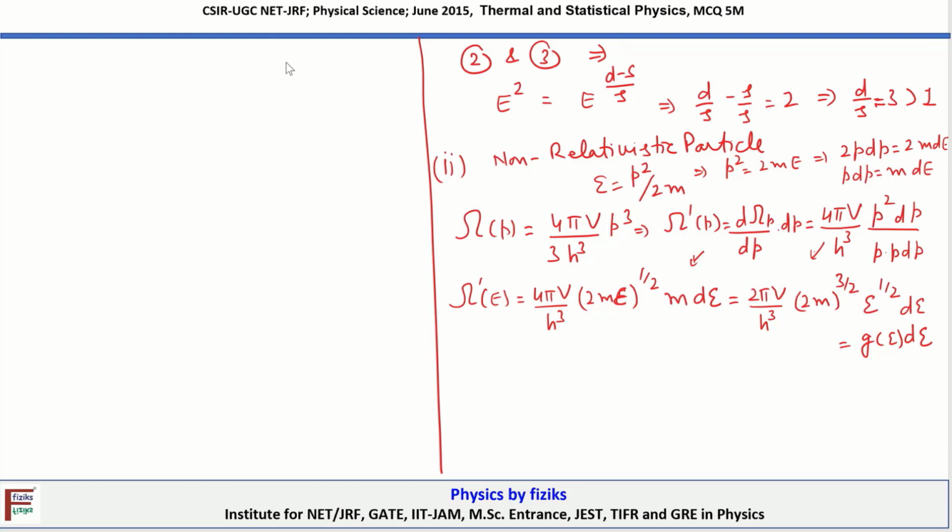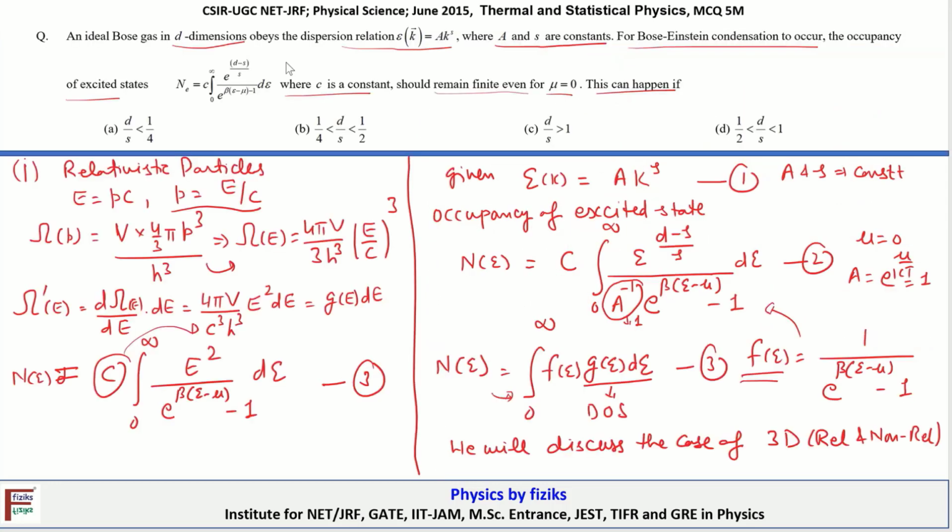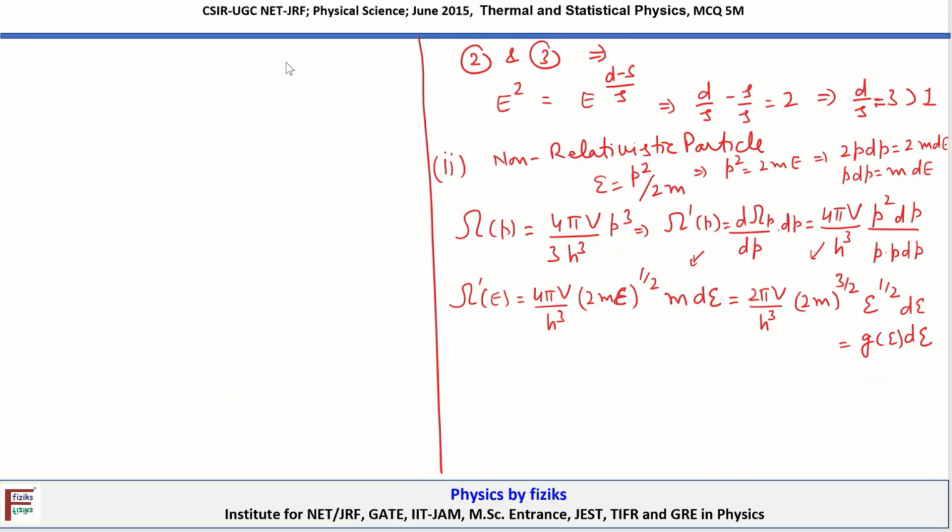Now let's substitute this value in the general equation that I wrote on the previous page, that means in this expression. By doing that we obtain the expression for NE, that is equal to a constant C, which absorbs all these constant terms, and then from 0 to infinity, E power 1 by 2 divided by e power beta E minus mu minus 1 dE. Let's call this equation 4.